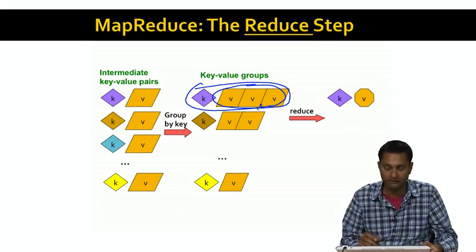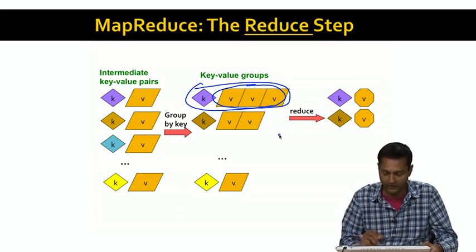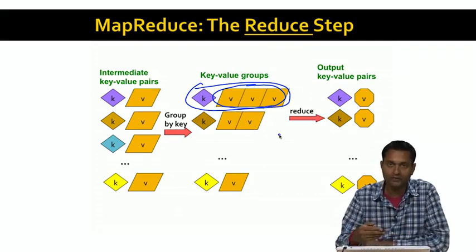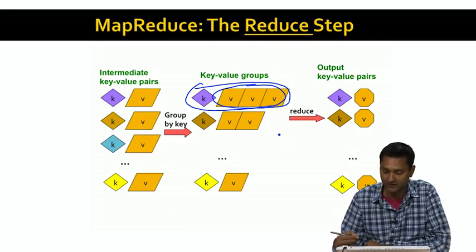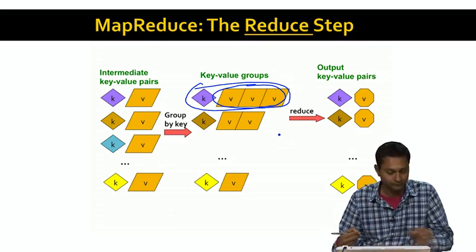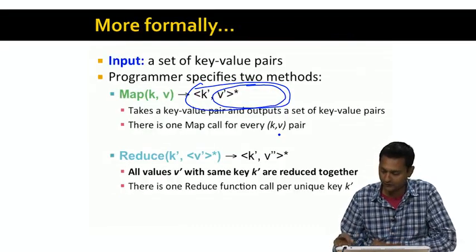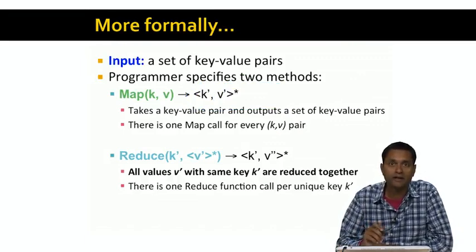Right, and so when you apply the reducer to the second key value group, you get another output, and so on. And once you have applied the reducer to all the intermediate key value groups, you get the final output. So more formally, the input to MapReduce is a set of key value pairs.